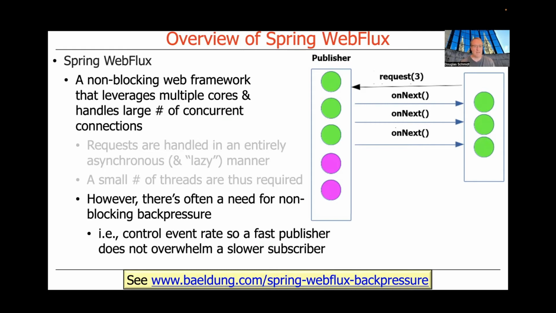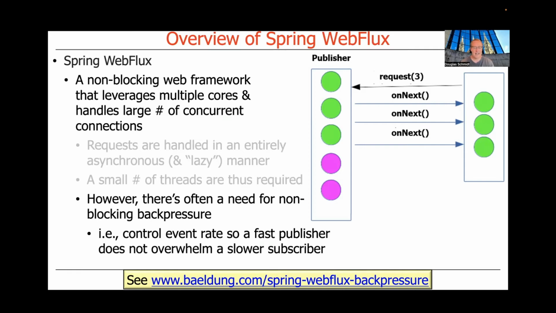With Spring Web MVC, in contrast, you don't really have the need for back pressure because the calls are inherently blocking and synchronous, so you have a built-in rate limiting mechanism: you have to wait for the response to come back before you can issue the next request.